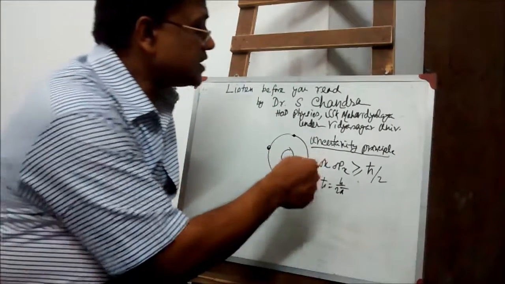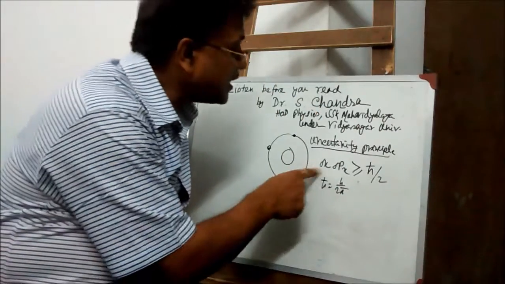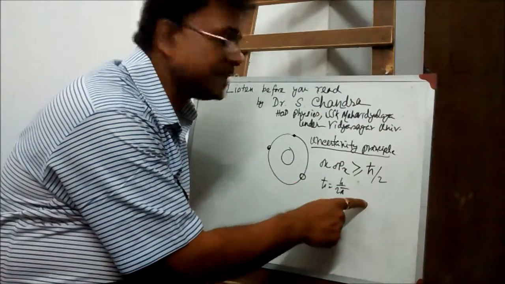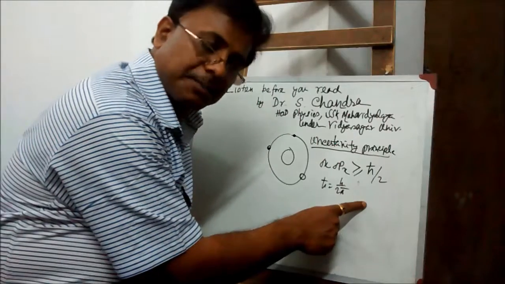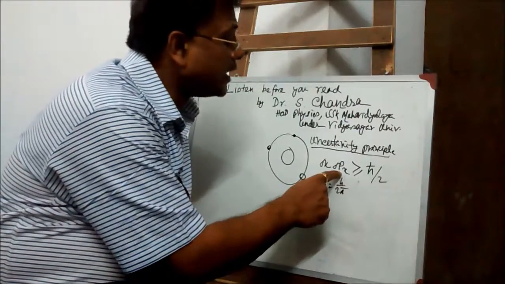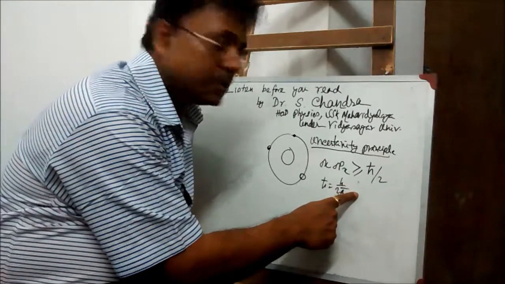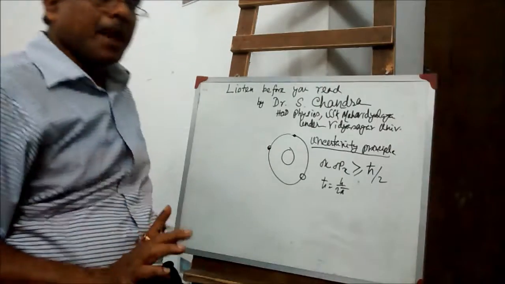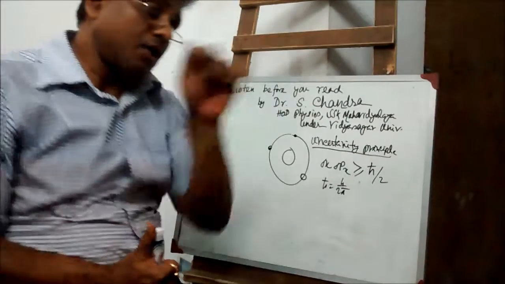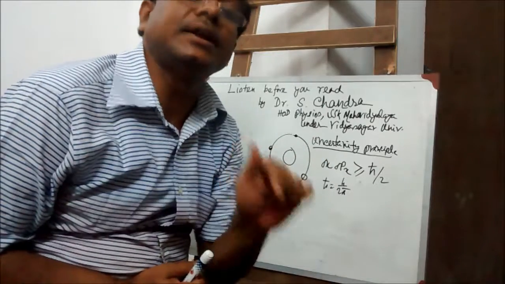So what does it mean actually? Delta x is the error in position, and delta px is the error in momentum. The product of the error in position and the error in momentum is greater than or equal to h-bar by 2. It means you cannot locate the position and momentum together at a time.